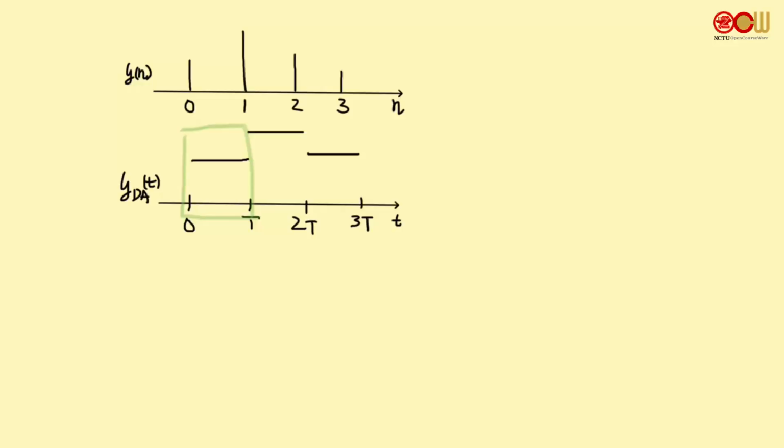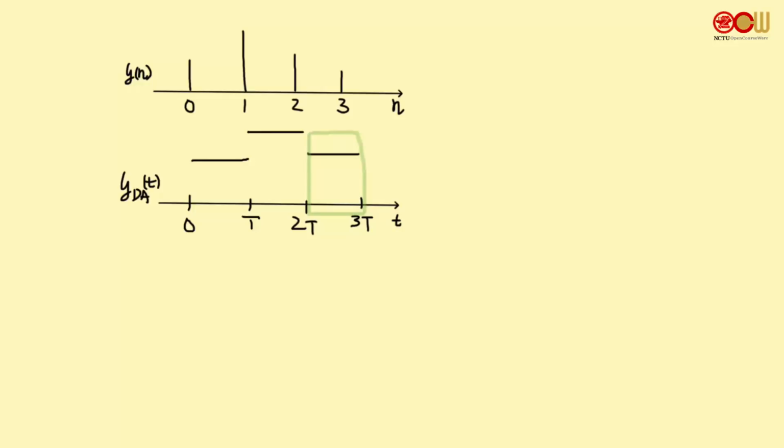Now if we look at between T and 2T, it's another rectangular pulse. It's just shifted and the height is different. And again, between 2T and 3T, we get a rectangular pulse, again shifted and with a different height.